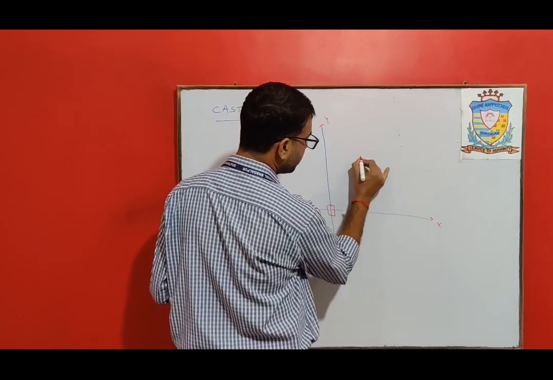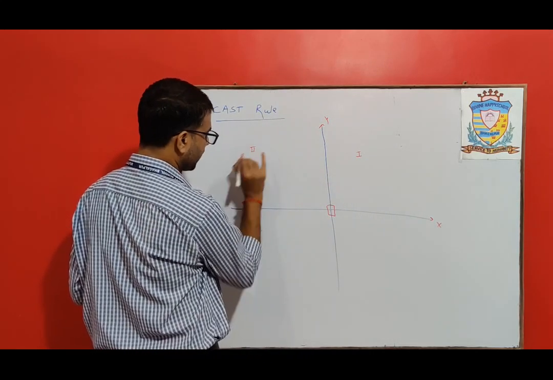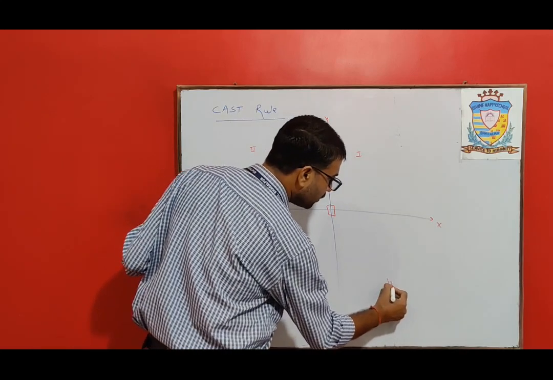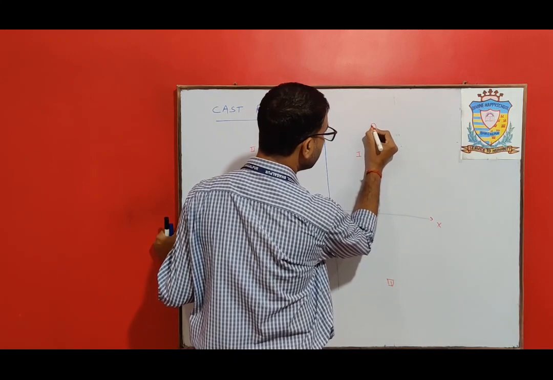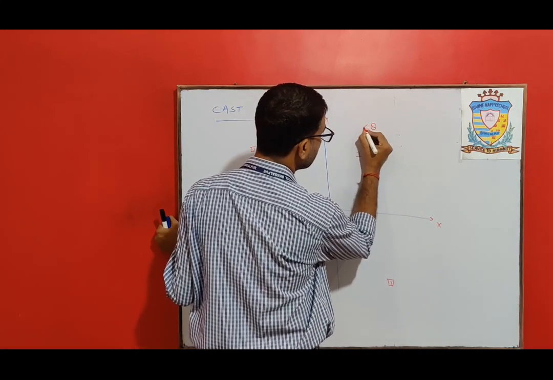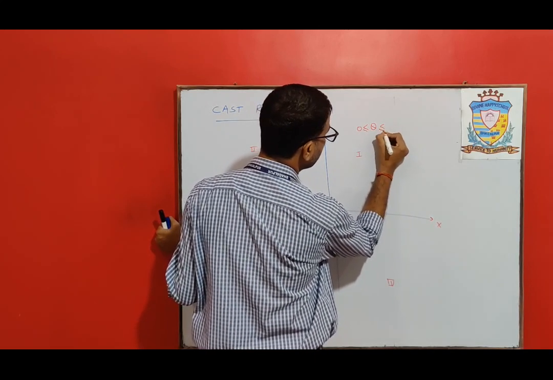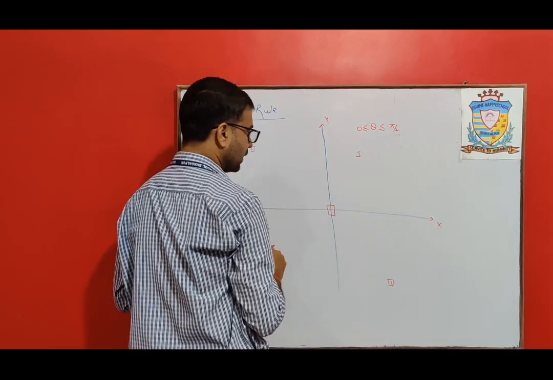This is known as the first quadrant. This is known as the second quadrant, third quadrant, and fourth quadrant. Here, angle theta is greater than or equal to 0 and less than or equal to pi by 2, or you can say 90 degree.